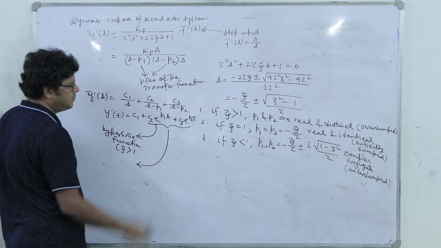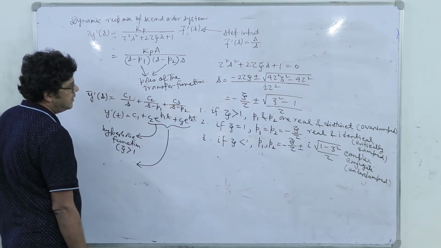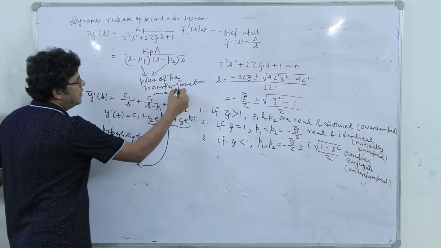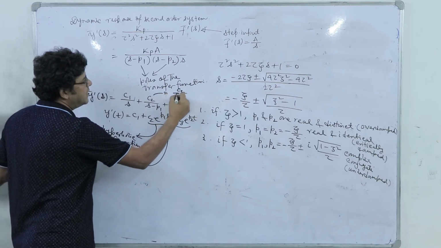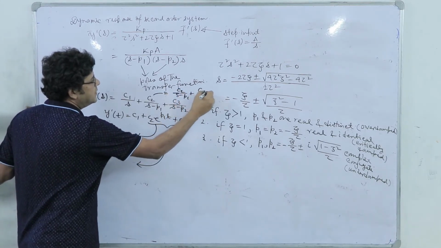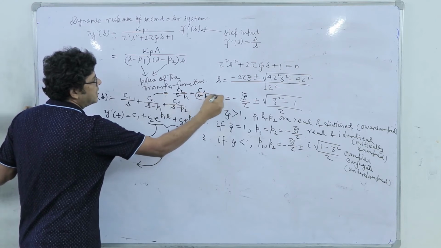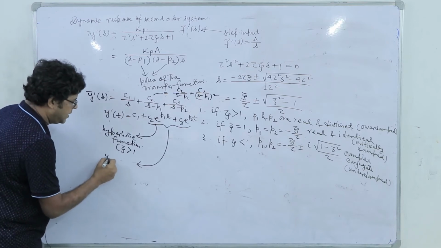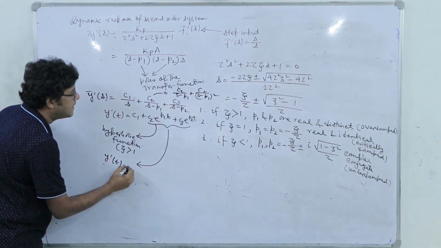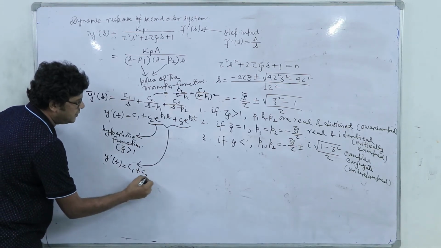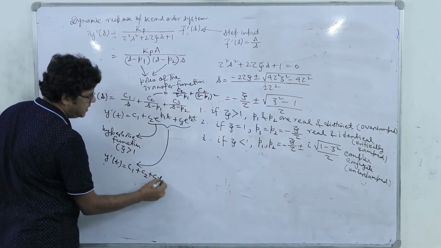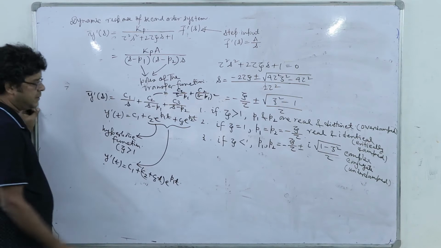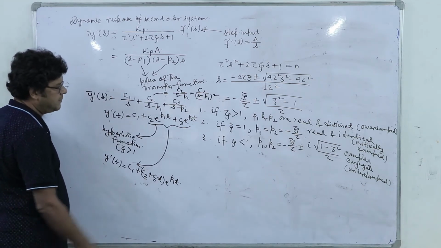If P1 and P2 are the same, then definitely we will have C2 divided by s minus P1 plus C3 divided by s minus P1 square, right. So there we will have the response as y prime t equal to C1 plus C2 plus C3t into e to the power P1t, something like this, some exponential function coupled with a linear factor of t.